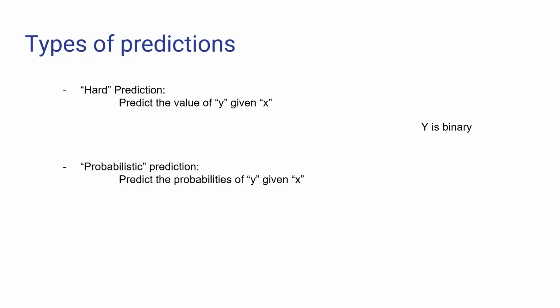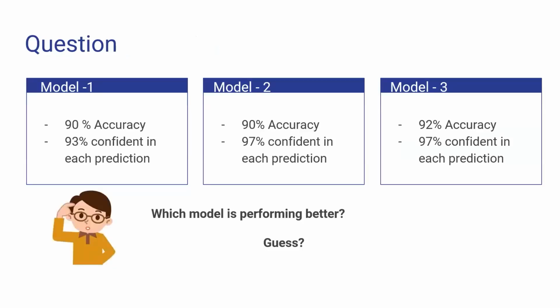Given the model accuracy of 90%, for each data point, it is saying that on unseen data, I am 93% confident you will get class label 0 or 1. That is what it meant here.